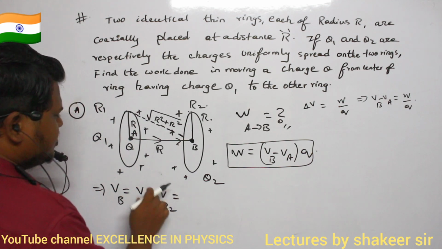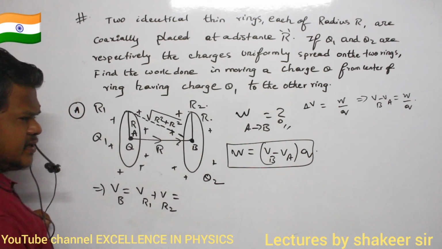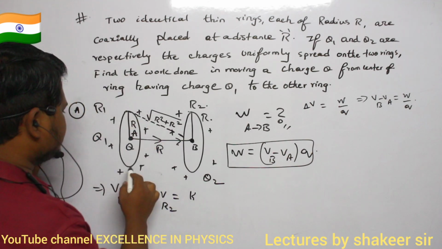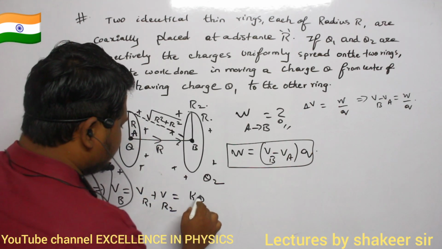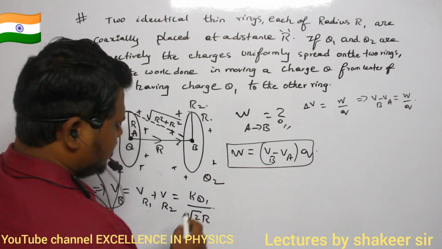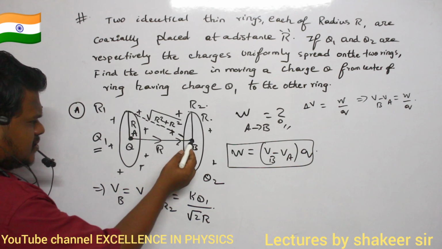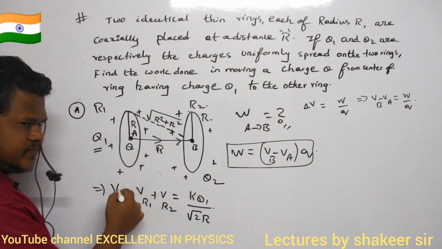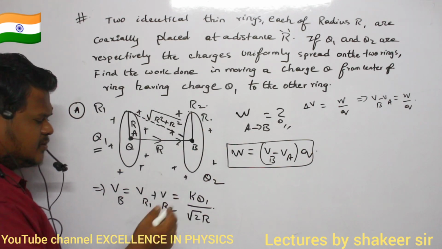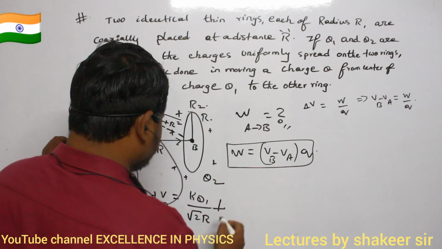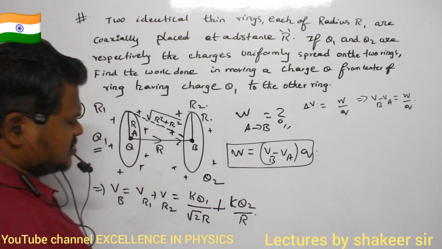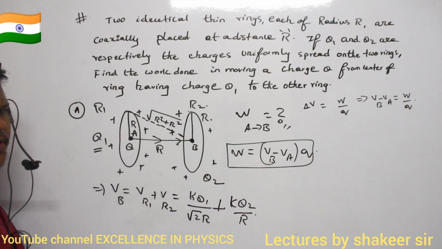So potential due to ring 1 at this point is K Q1 divided by the distance, which is root 2 into r. So this is the potential due to the first ring. Similarly, the second ring will have its own potential at the same point. That potential will be equal to K Q2 divided by r. So this is the potential at point B.